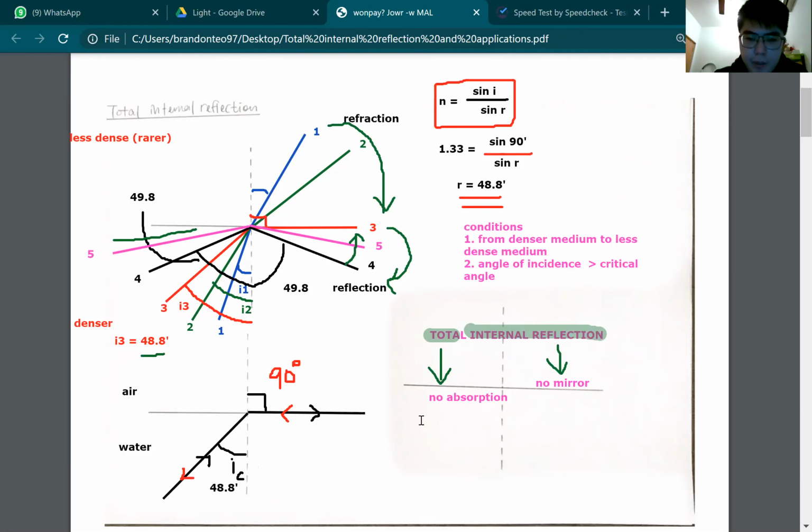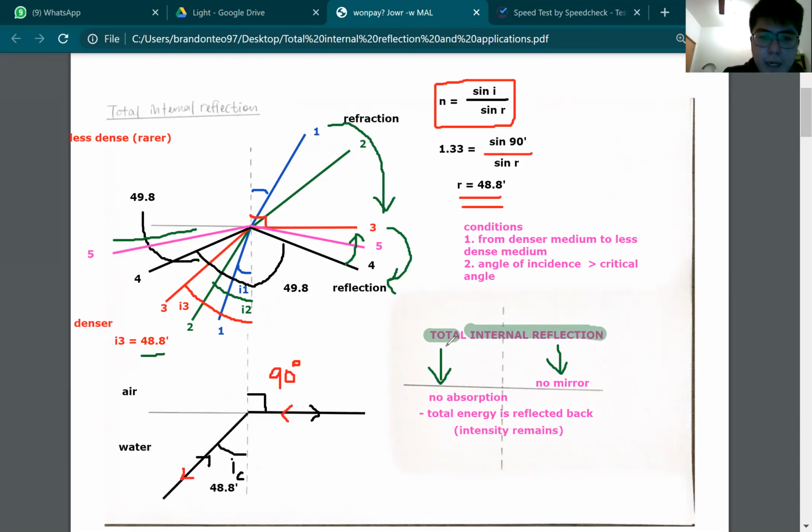So I can say the total energy is reflected back, so the intensity remains. What does that mean?